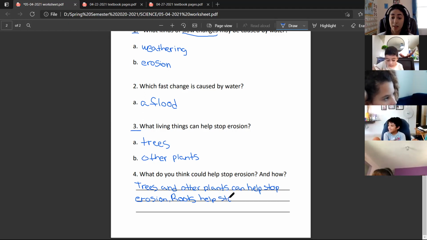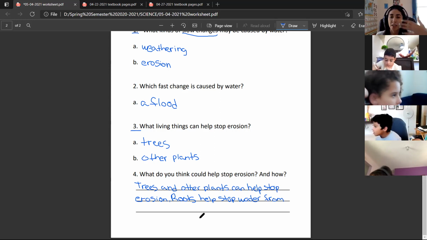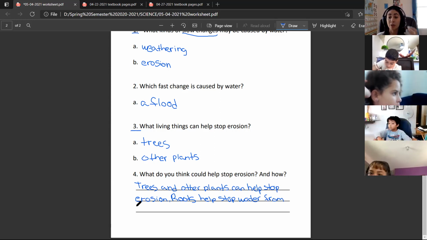So the roots help stop water from moving soil away, washing that soil away, because the roots are going to absorb that water.